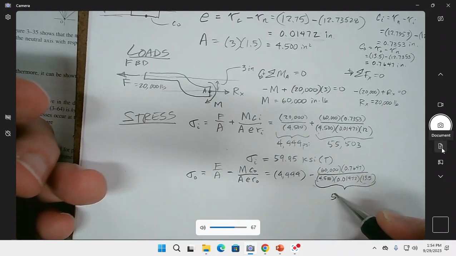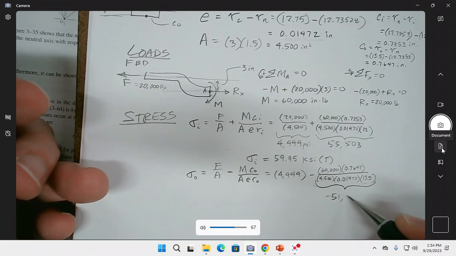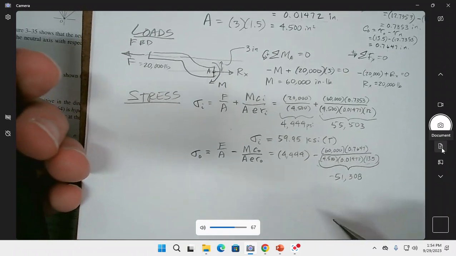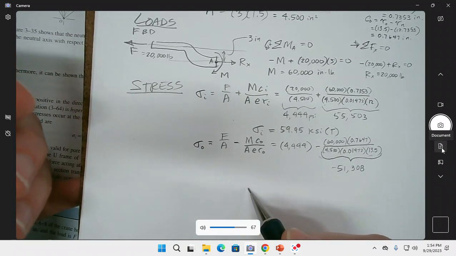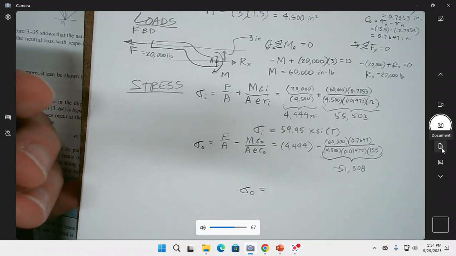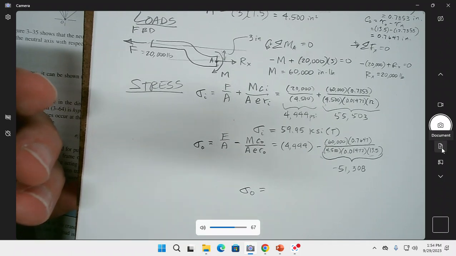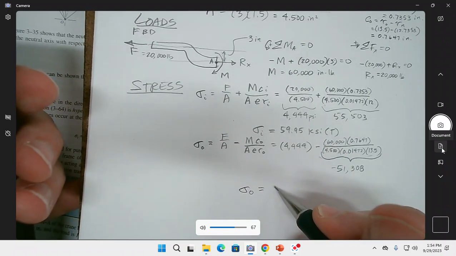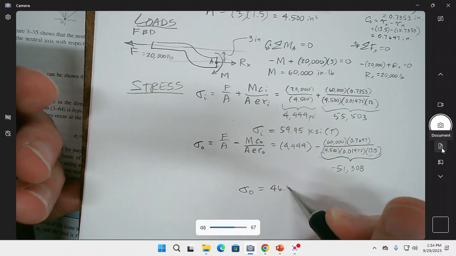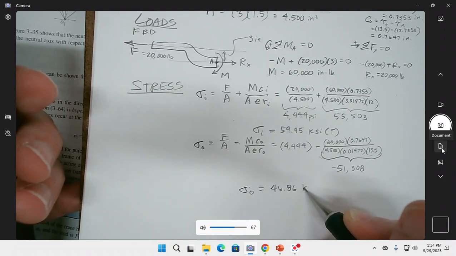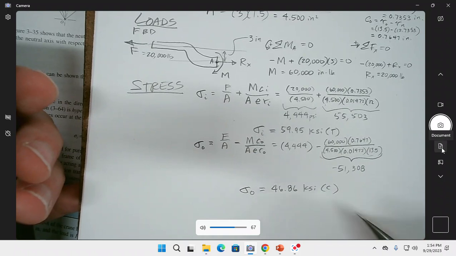And we get 51,308, that's negative, we'll remind ourselves. So the outside is going to be, I just remember that it's minus. So I get 46.86 KSI compression.